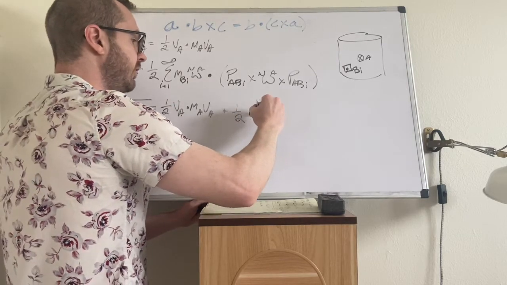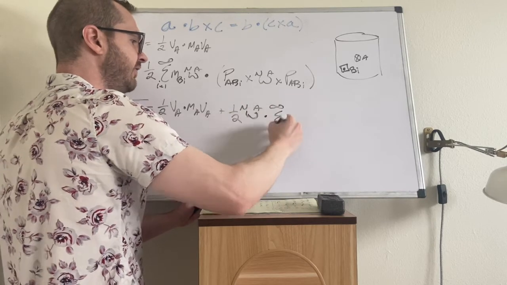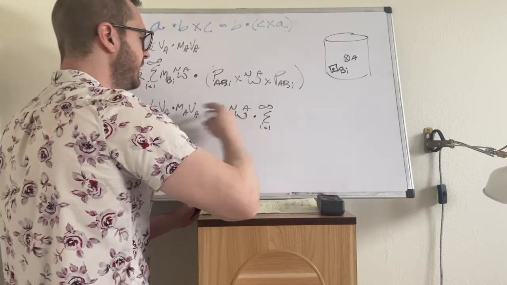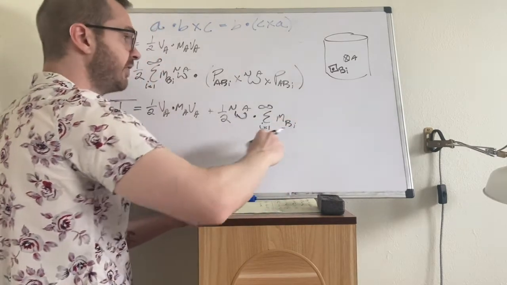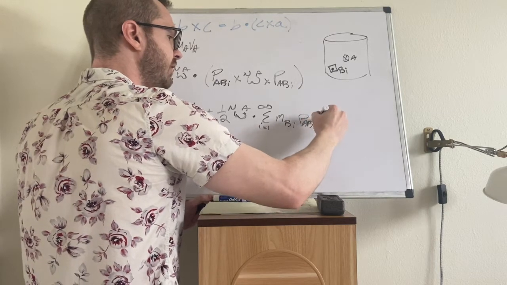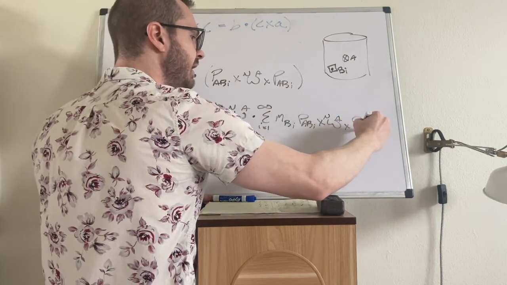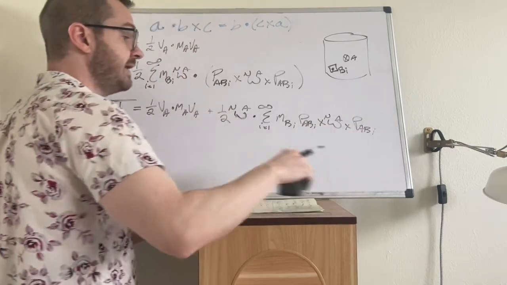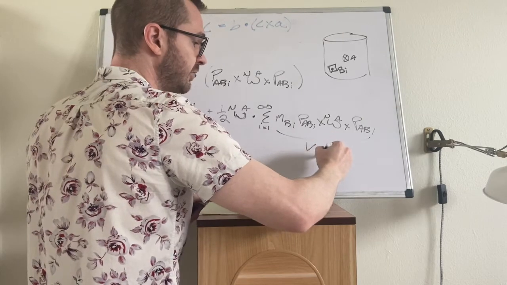So it's omega_NA dot, here's our infinite summation. I'm going to leave the mass on the inside. Of course, the mass is scalar, so we can move it anywhere in this expression we need. And now we have P_ABi cross omega_NA cross P_ABi. Now this part becomes a vector triple product.